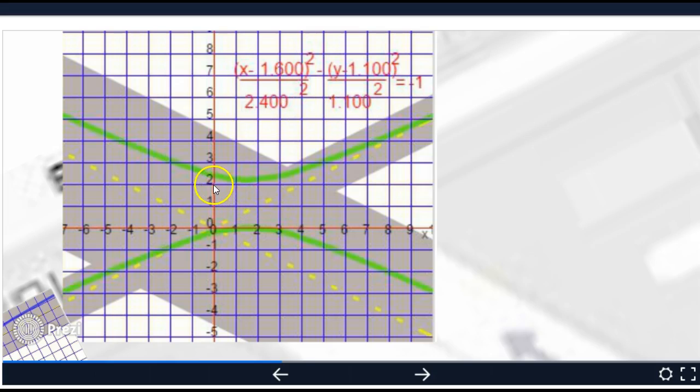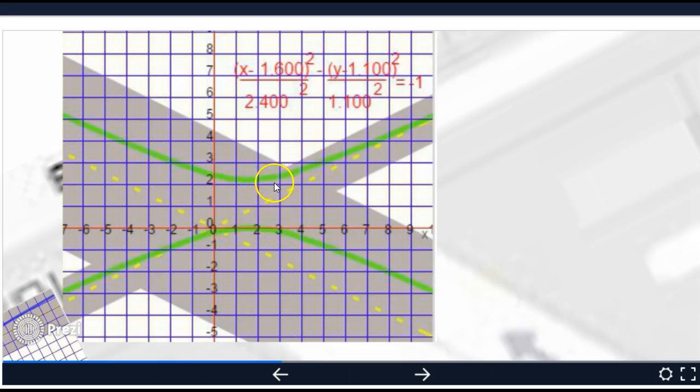If you drew a rectangle in between the top green part and the bottom green part, you could see that the height of the rectangle would be about 2. So half of the height of the rectangle would be about 1, maybe a little bit more than 1. So that's where the b comes from. 1.1 is like half of the height of the rectangle. The width of the rectangle looks pretty wide. You can see how the slope of this asymptote is probably about, I don't know, 2 divided by 3 or something.